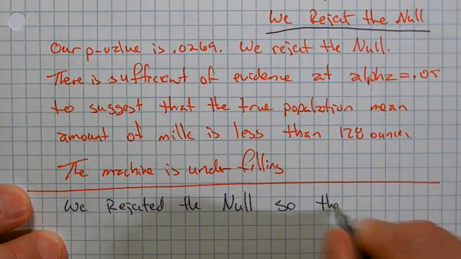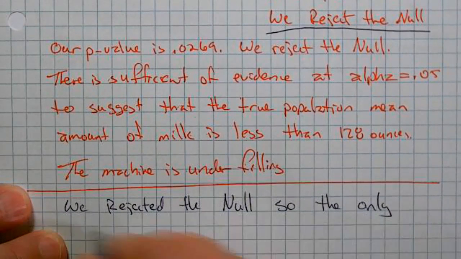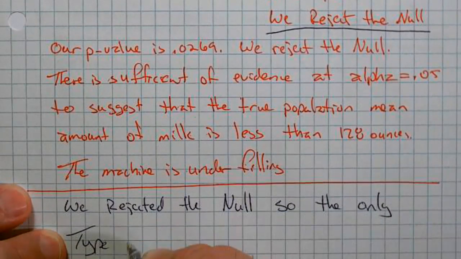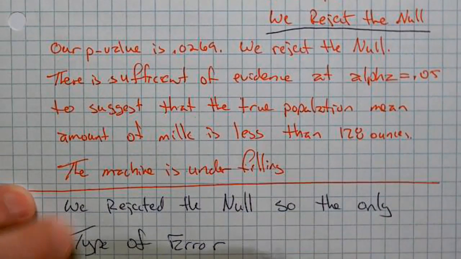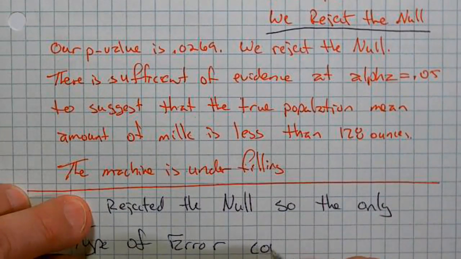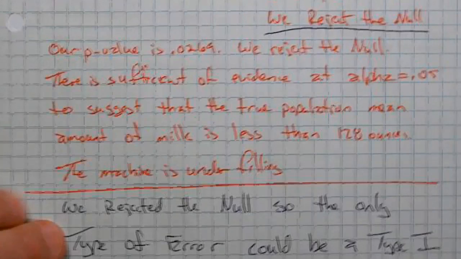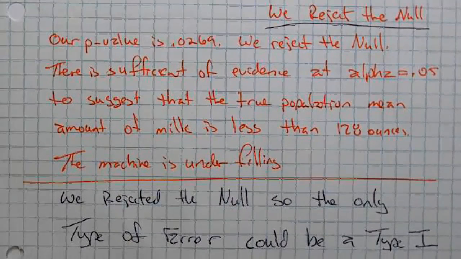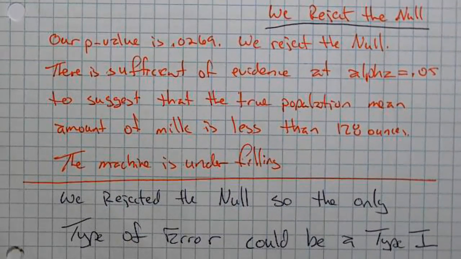So the only type of error could be, not necessarily is, could be a type 1. So when you reject the null, the only type of error would be a type 1 error. All right. So that concludes that one.